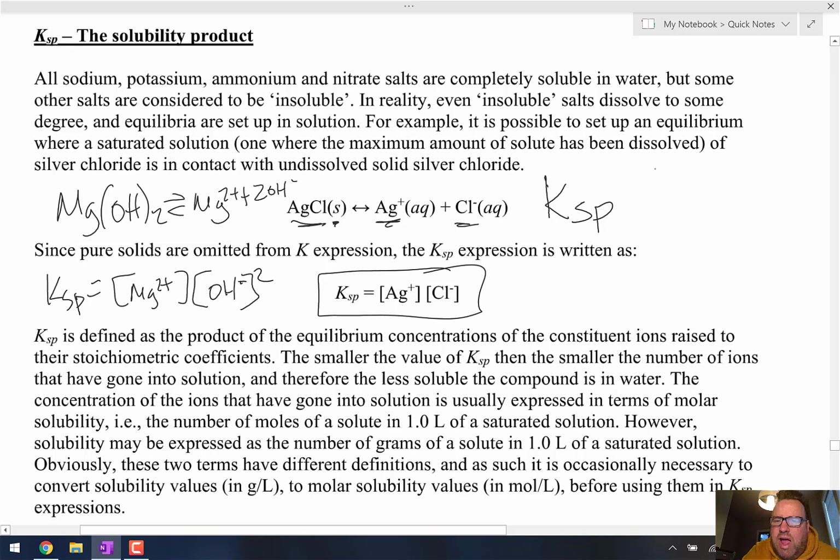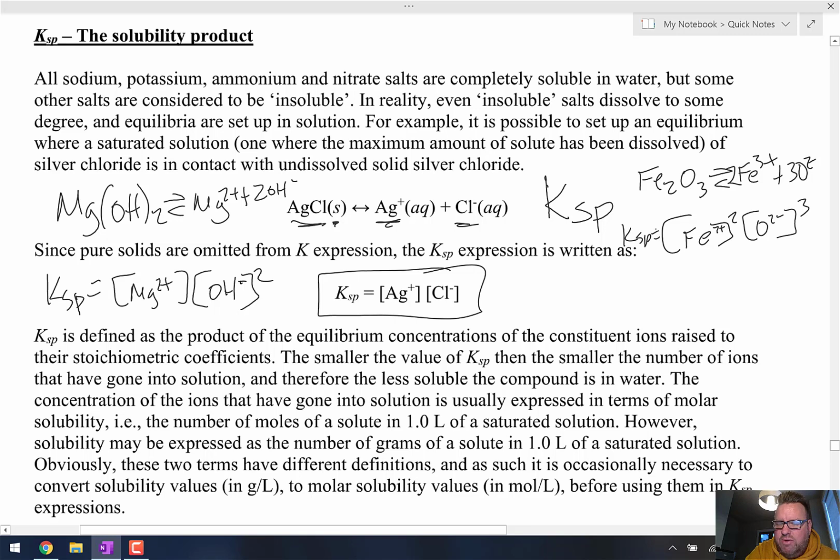Okay, something like Fe2O3 gets even a little bit more interesting because there's 2 Fe3 pluses and 3 O2 minuses. So then you would have Fe3 plus squared and O2 minus cubed would be the Ksp expression there.